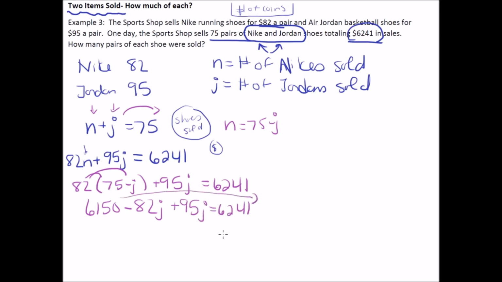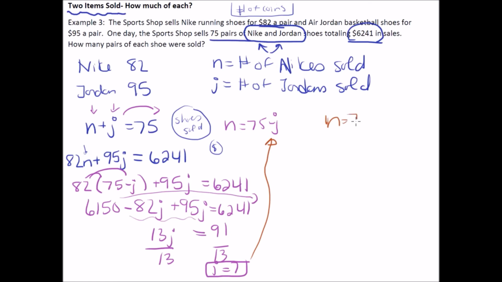And let's bring that over and subtract those. Okay, so we have 95 minus 82 on this side, so we get 13J, and we have 6241 minus 6150 on the other side, and that's 91. Okay, simply divide out, and we sold 7 pairs of Jordans. Okay, let's sub that back in. Oh, we can actually just sub it back in right here.